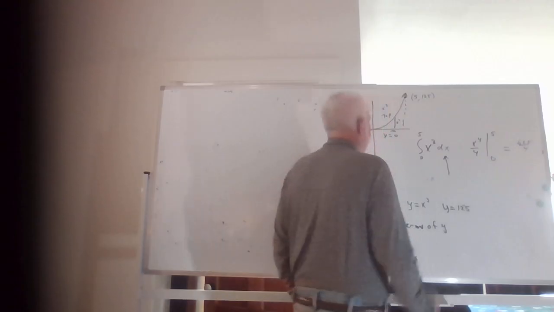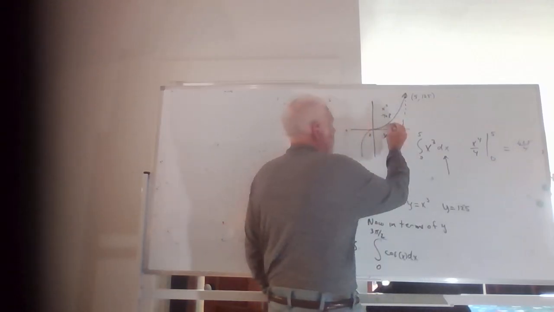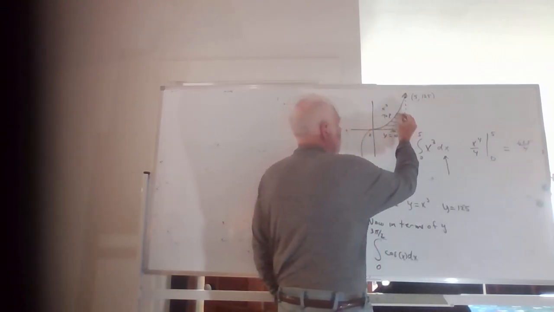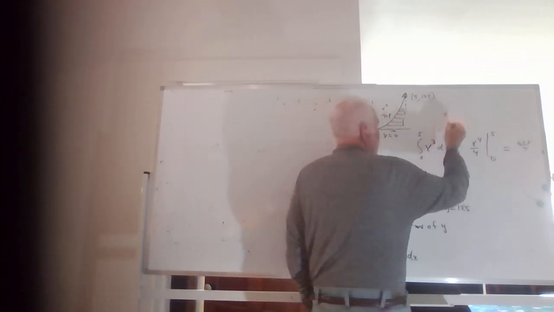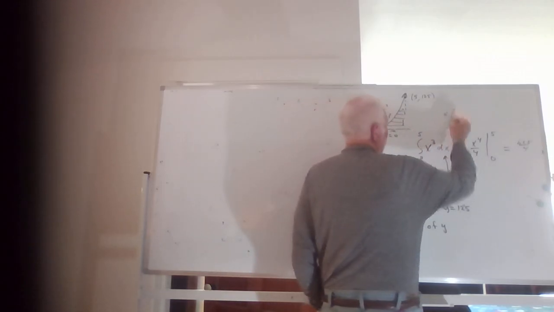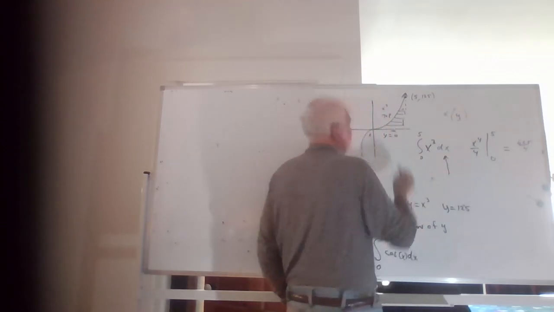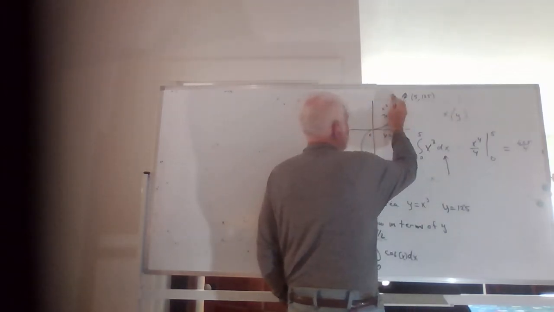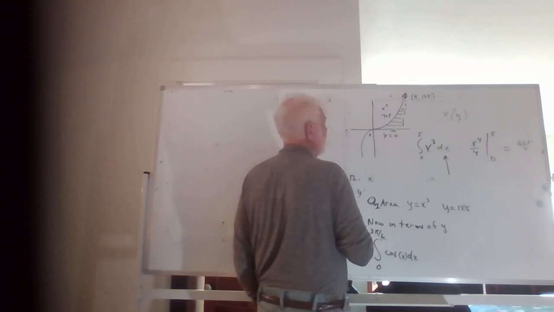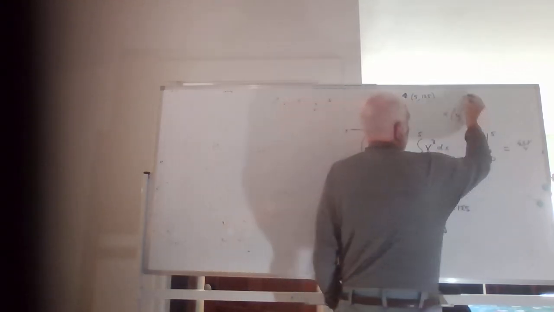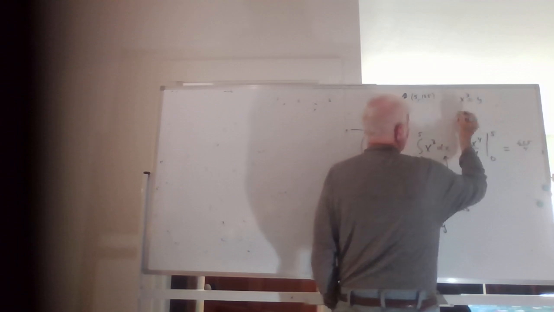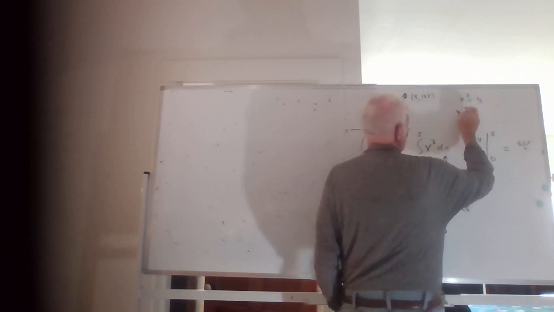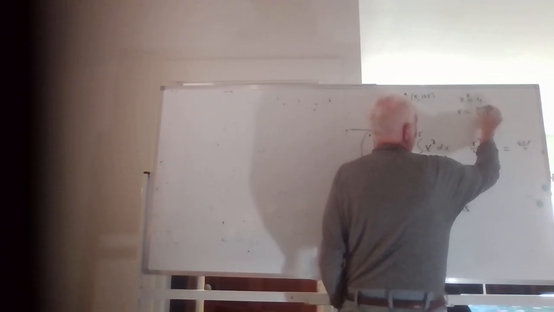Now we should be able to get the same answer if we do it with horizontal rectangular areas, which means this is an x value, and that x value is a function of y. For instance, what's that x value? It's 5. Well, how do I get that 5? Well, what's the inverse of x cubed equals y? I think it's x equals the cube root of y.